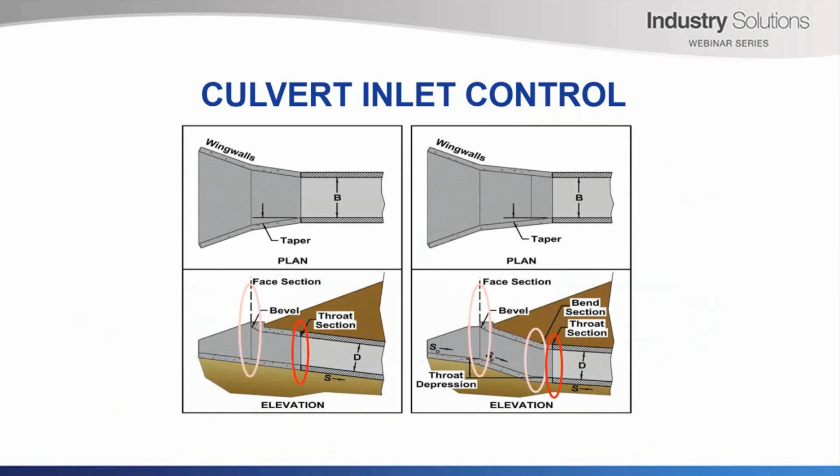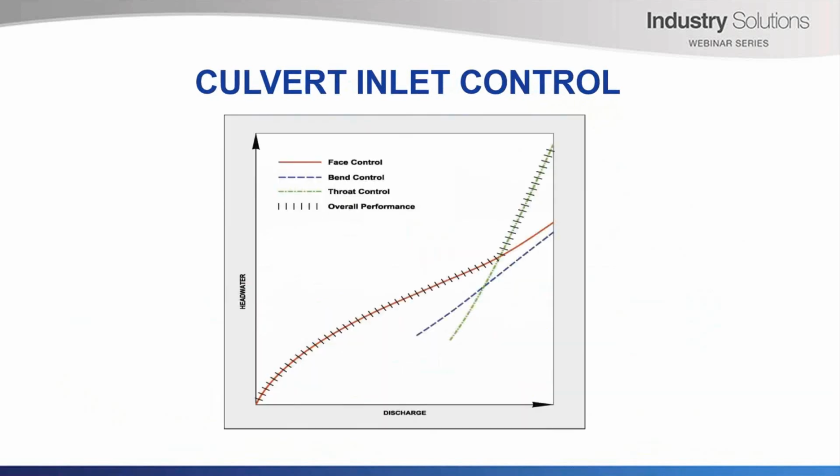There's the face section, the bend section, and throat section of a culvert. And at various times, the face controls the flow, the bend might control the flow, or the throat might control the flow. So we wind up with an overall performance curve. But as I mentioned, quantifying them's quite difficult.